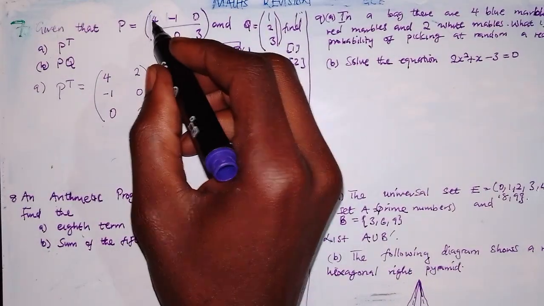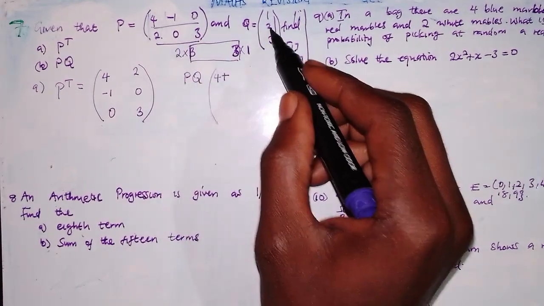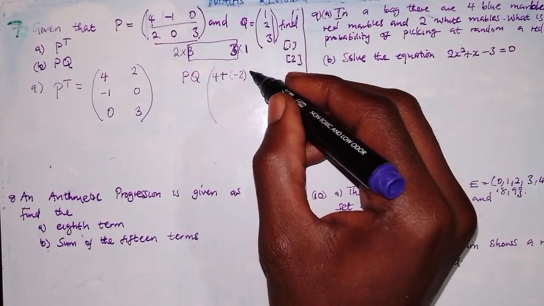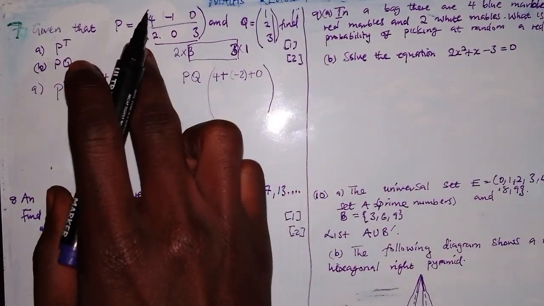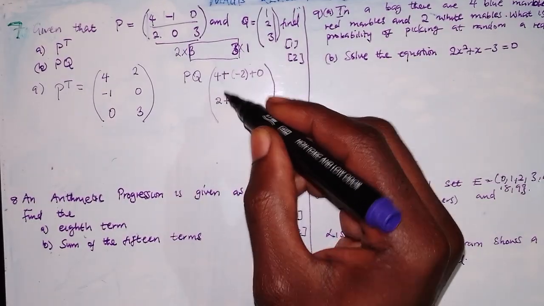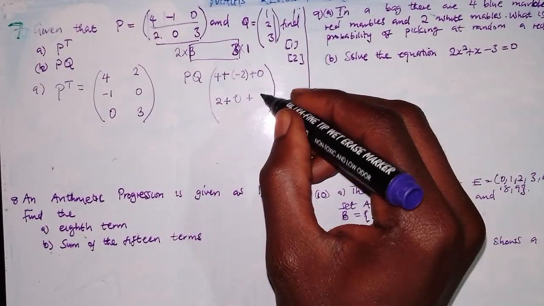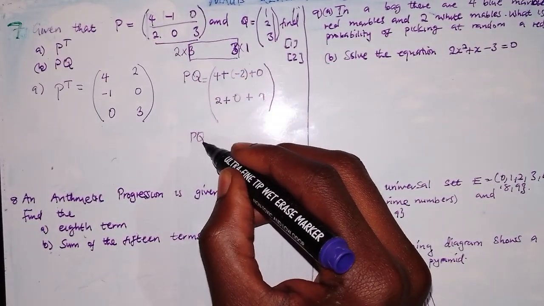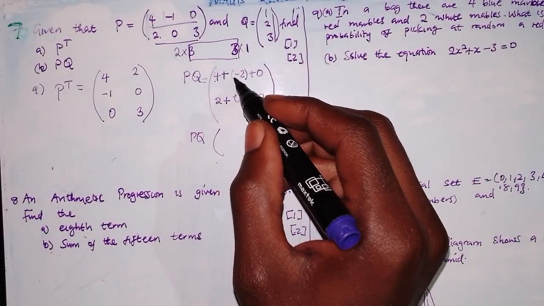So you say 4 times 1, we have 4, plus -1 times 2, we have -2, plus 0 times 3, we have 0. Then again you come to the second row. You say 2 times 1, we have 2, plus 0 times 2, we have 0, plus 3 times 3, we have 9.